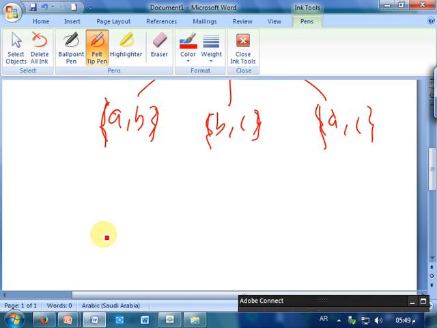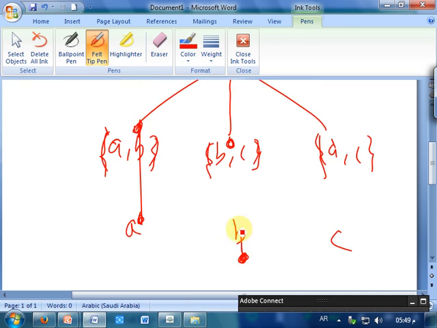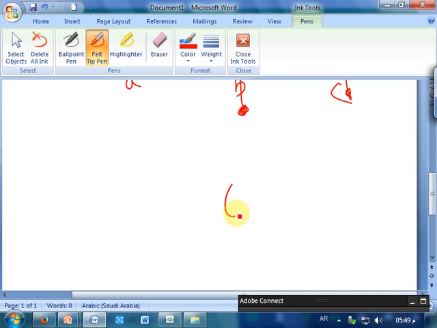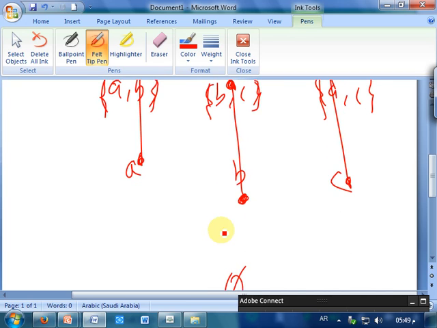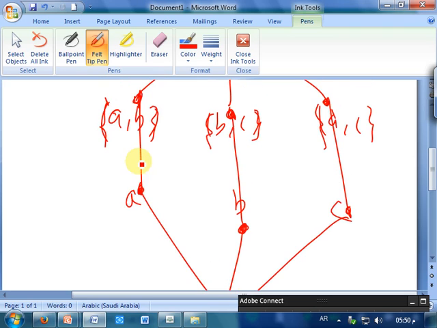Then you have A, B, C, 3. Now here you have A connected with A, B with B and C with C. You have null. A and B and C.